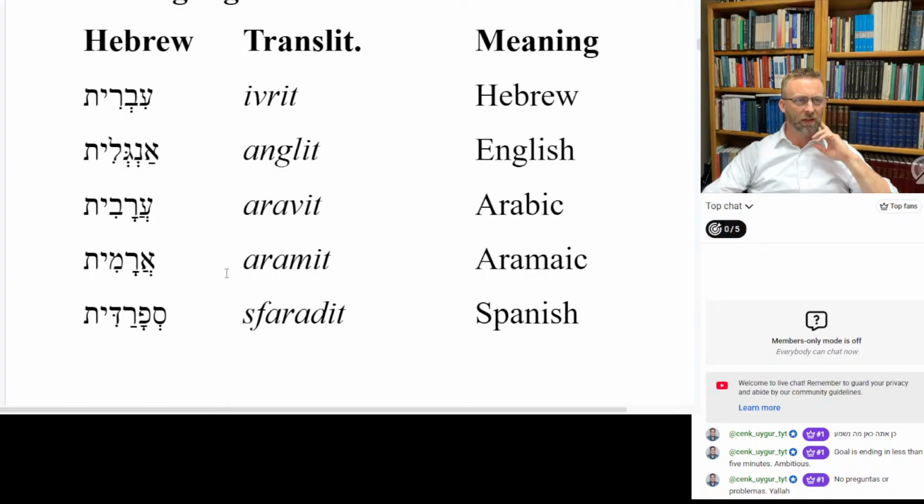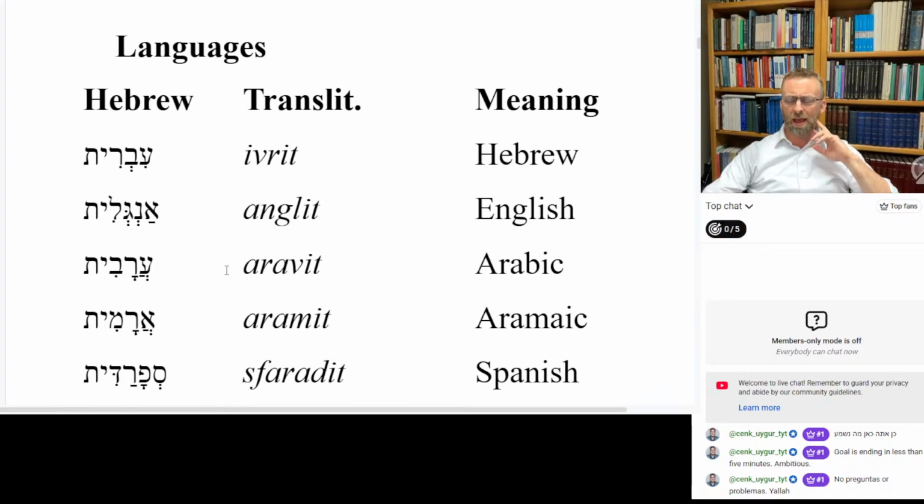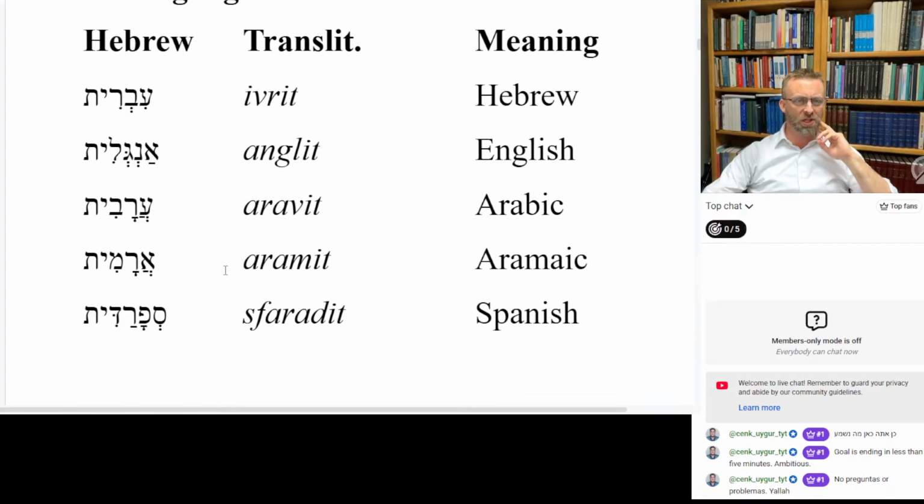So we also learned some vocabulary words, particularly with regard to languages. The first one was for Hebrew, and we said that to say Hebrew, it is ivrit. English, anglit.